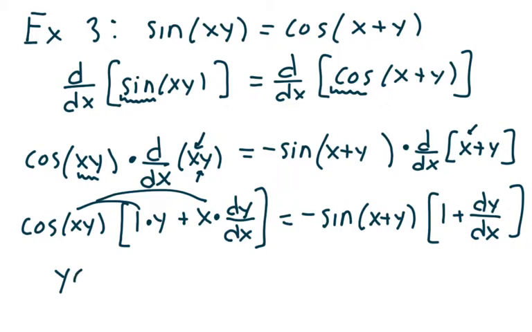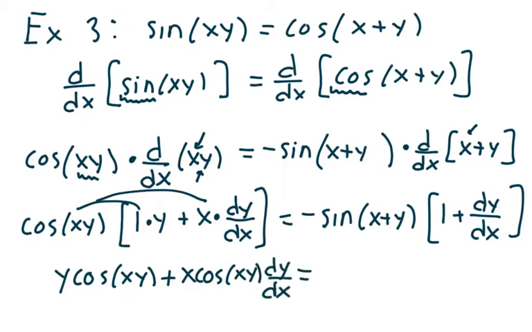So we get y cosine of xy plus x cosine of xy dy/dx. That's on the left side. And on the right side, we get negative sine of (x plus y) minus sine of (x plus y) dy/dx.